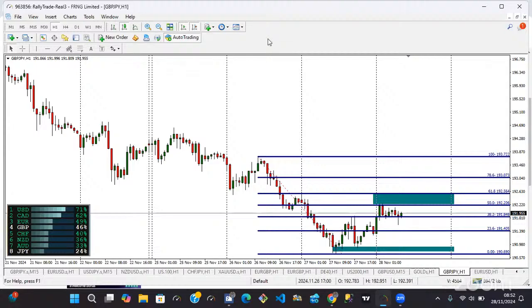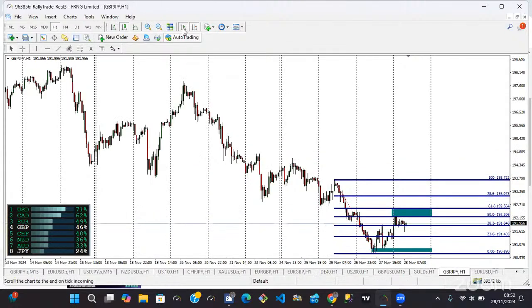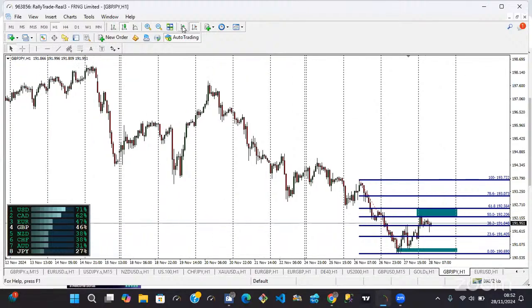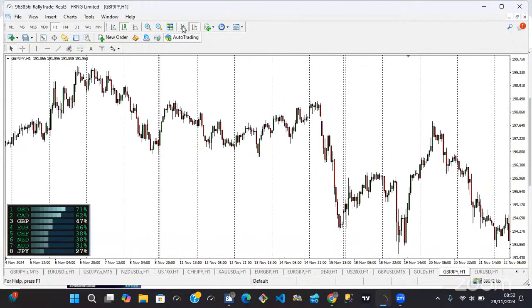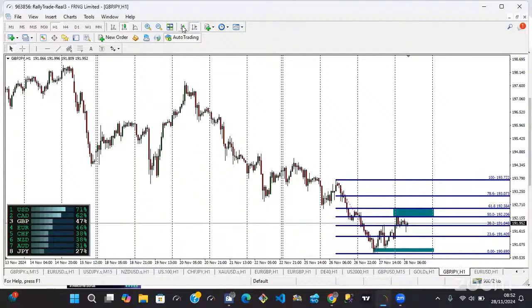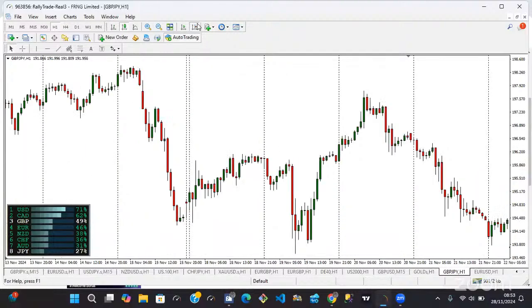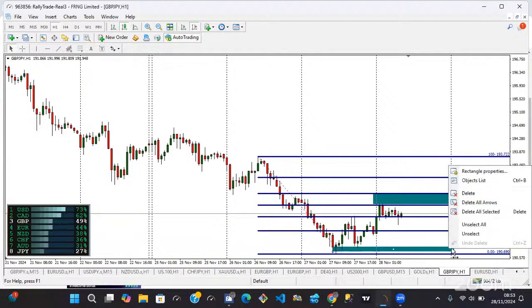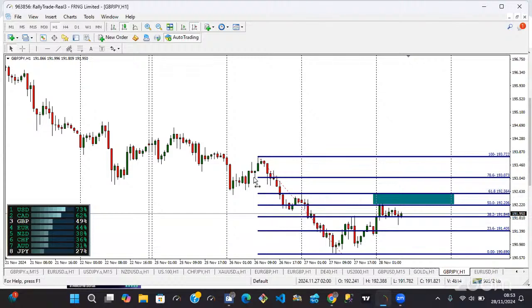So all things being equal, if our trend is going to continue to the downside on GBP JPY, then we should experience more sales any moment from now. I'm going to be targeting this lowest point here as my take profit for GBP JPY. I think that one also is quite straightforward.